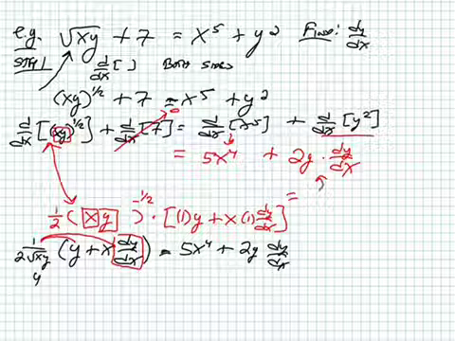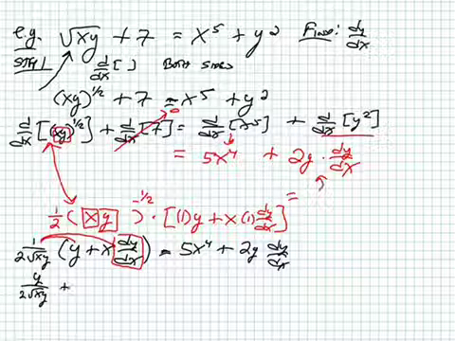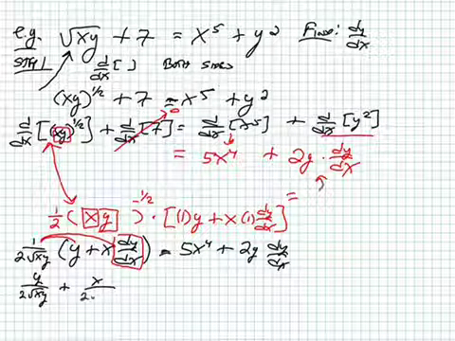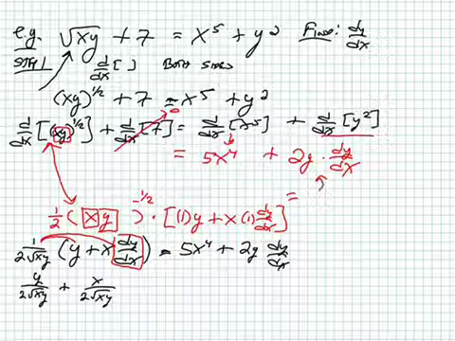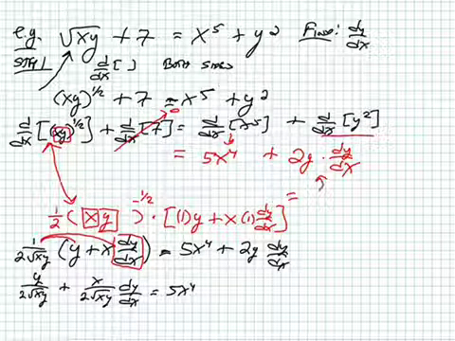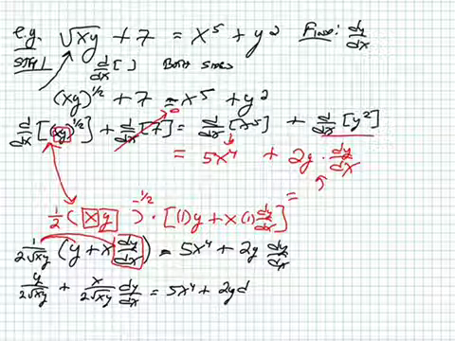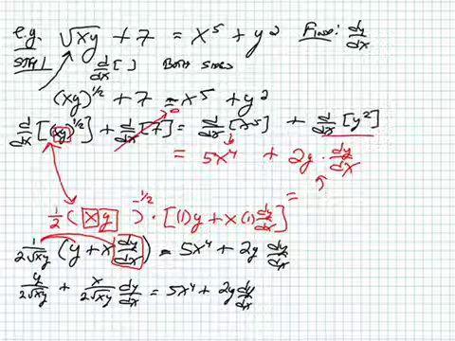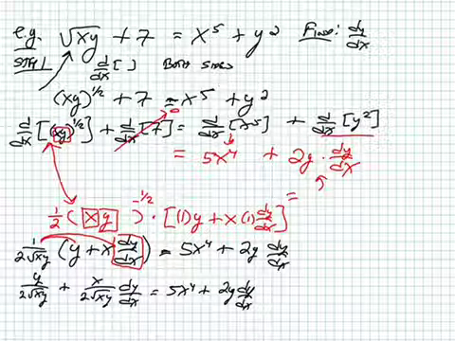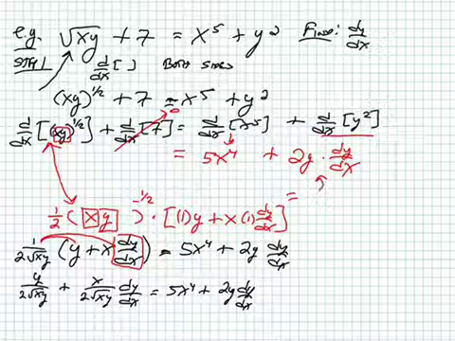So I've got y over 2 square root of xy plus x over 2 square root of xy times dy dx is equal to 5x to the fourth plus 2y times dy dx. Now you can kind of see why I needed to distribute that, so I can isolate my dy dx's.